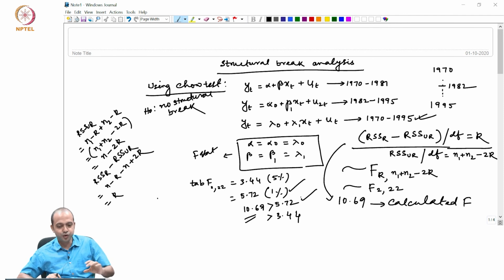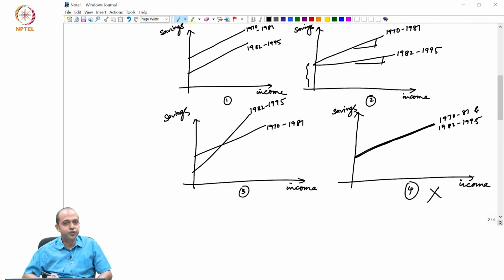And when you run one single equation using a dummy, it is easier to check the structural break or stability analysis compared to the Chow, wherein we were running 3 regressions. So, that is how the dummy variable model overcomes the limitations of the Chow test.